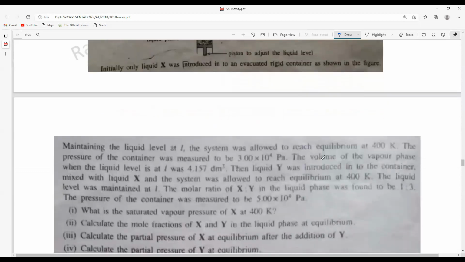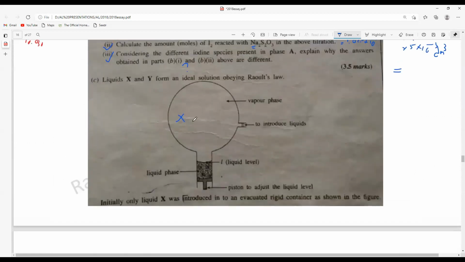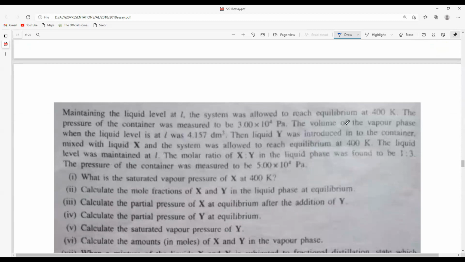The system was allowed to reach equilibrium at 400 Kelvin. So we have only X here initially, and the temperature is 400, it is given. And the pressure of the container was measured to be 3 into 10 to the power 4. The volume of the vapor phase when the liquid level is at L was given.